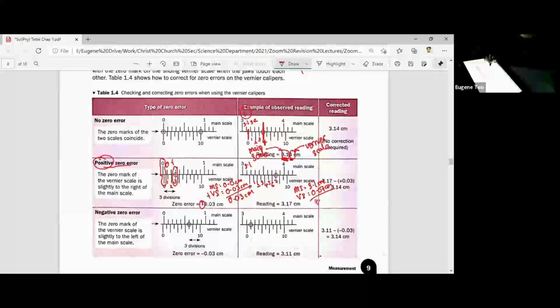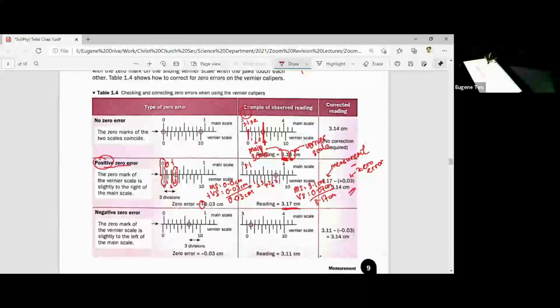If you add them up, you get 3.17 cm, which is reflected here. So this is the reading with a positive zero error. I know the positive zero error is 0.03. So to correct the reading, I will always take my measurement minus my zero error.